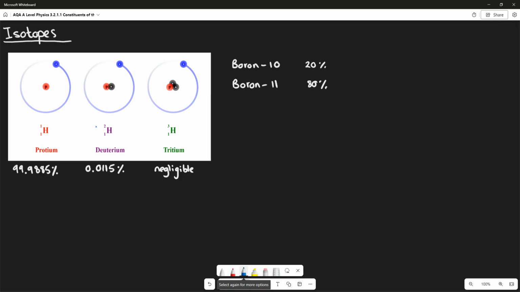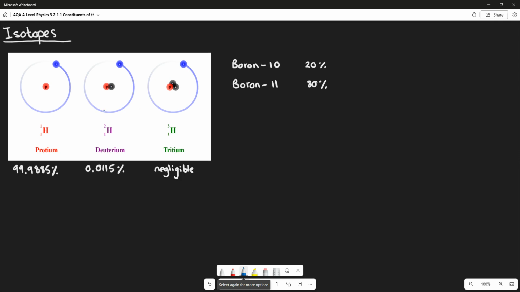It has an isotope where there is a mass of 2, so we've got a proton and a neutron inside the nucleus. And we have a version where there are 3 nucleons inside the nucleus. We've got the proton and we've got 2 neutrons.